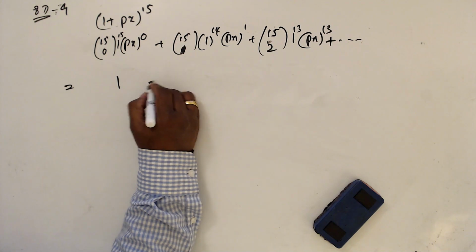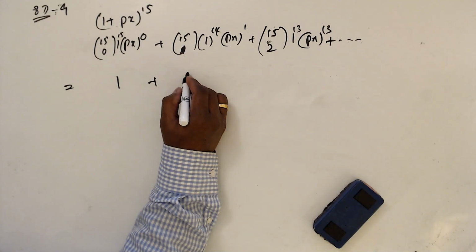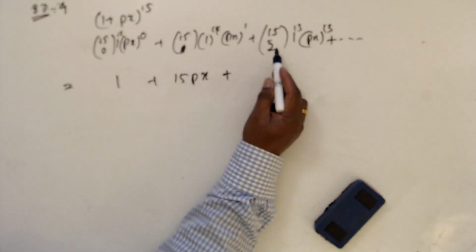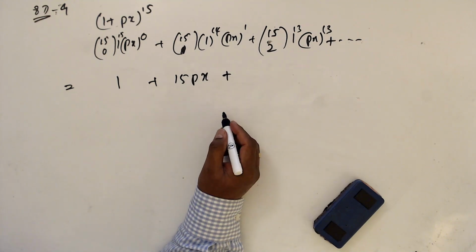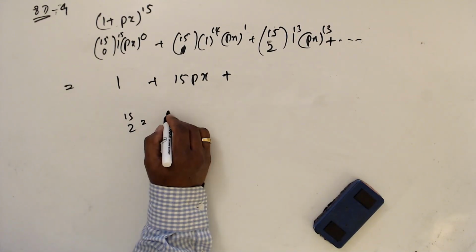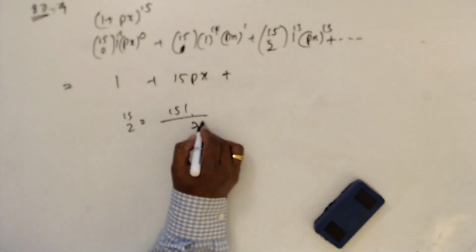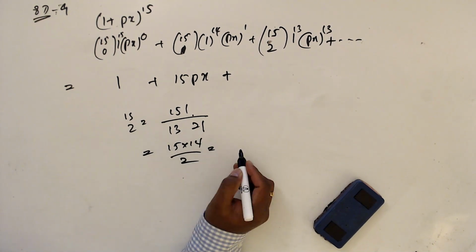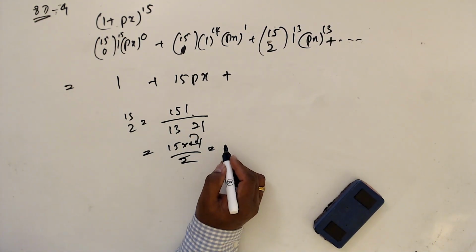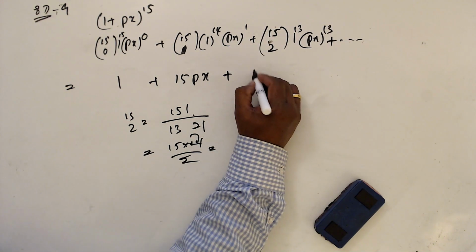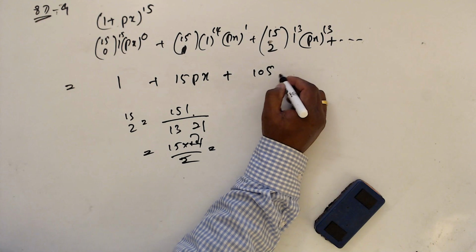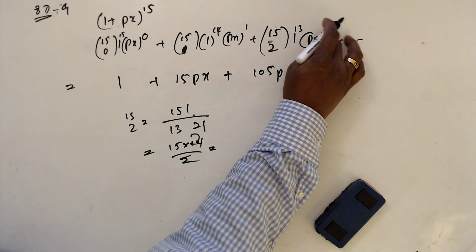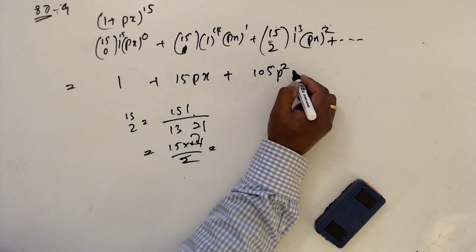This is going to be 1, and this is 15 px. This is 15 2, which is 15 factorial over 2 factorial 13 factorial, 15 times 14 divided by 2, 7 times 15, that is 105. This is p square x square.